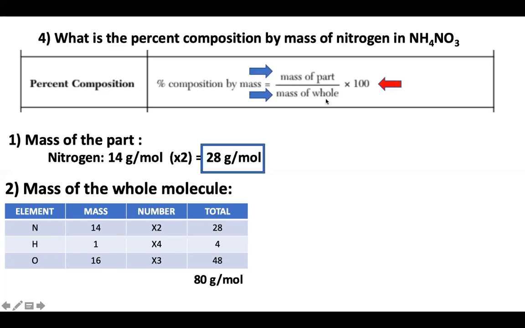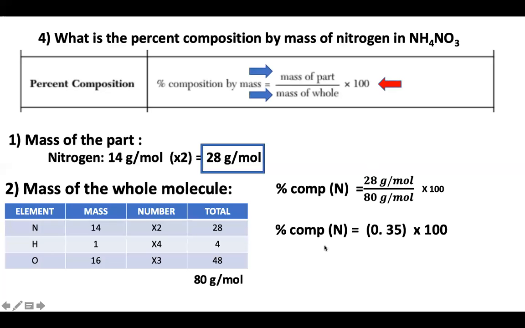Now we need to set up our formula here: the mass of the part, the nitrogen, over the mass of the whole. You're going to get 28 grams per mole over 80 grams per mole. The units are going to cancel out here because we got grams per mole on top and grams per mole on the bottom. Now we can do, wait a minute, what did I forget here? Yep, I forgot to multiply by 100 because we're doing a percent composition of nitrogen.